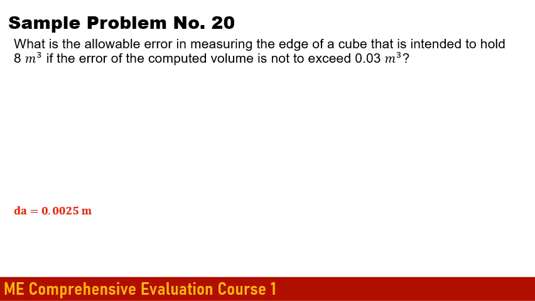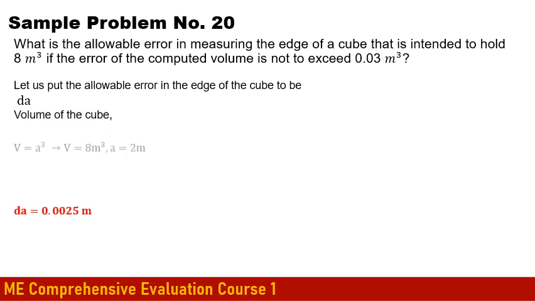So what is the allowable error in measuring the edge of a cube that is intended to hold 8 meter cube if the error of the computed volume is not to exceed 0.03 meter cube? Let us put the allowable error in the edge of the cube to be dA, because the edge of the cube is A. The volume of the cube is A cubed, and it's given in the problem as 8 meter cube.